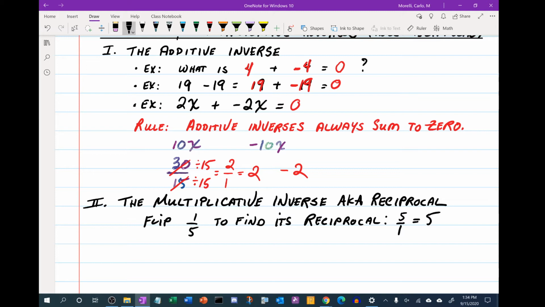So the multiplicative inverse, which I'll write as mult-inv, of 1 over 5 is just 5.